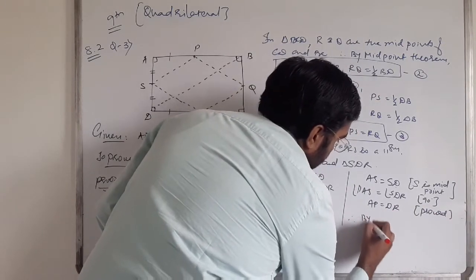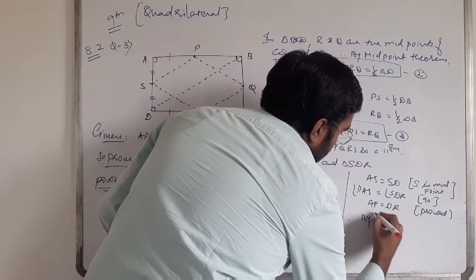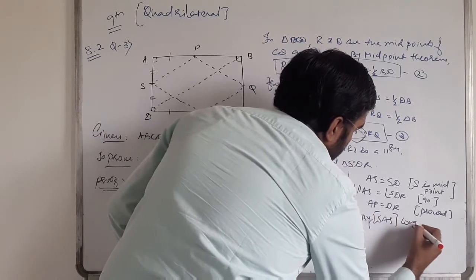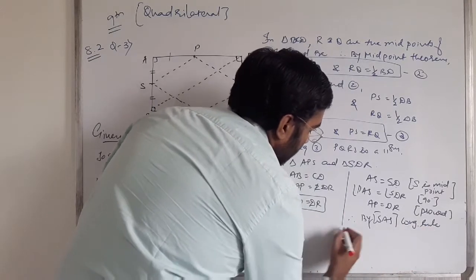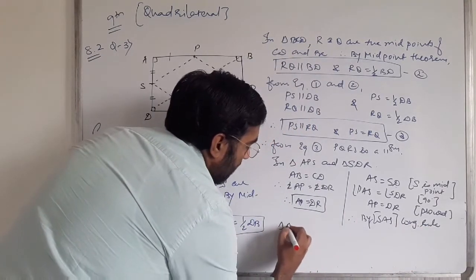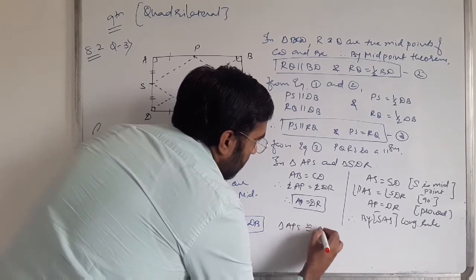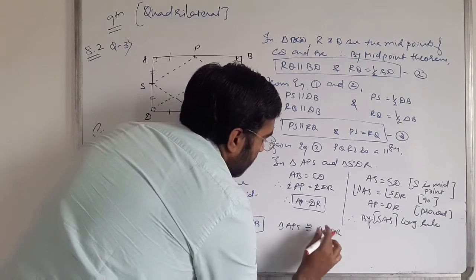Therefore, by the side-angle-side congruency rule, triangle APS is congruent to triangle SDR.